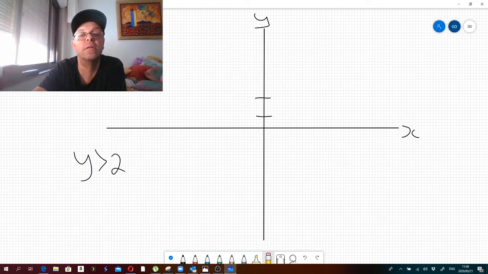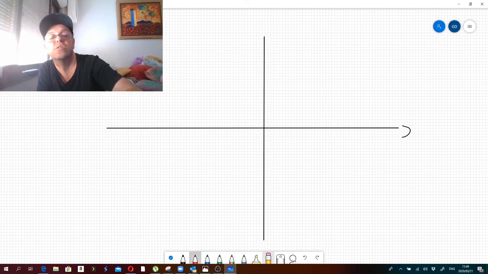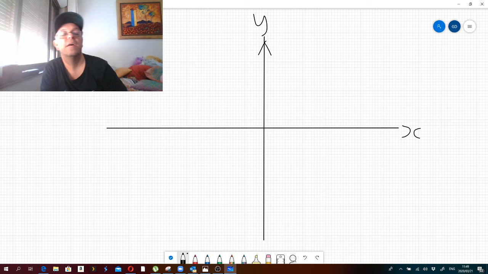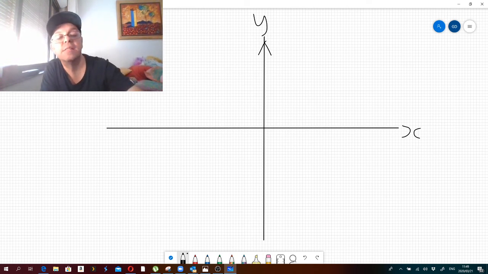Right. So here we go. X and y again. Let's just put in y and x over here. And we want to illustrate y is less than or equal to x minus 3.